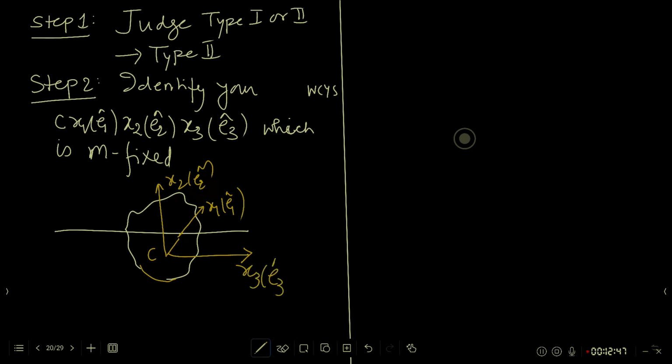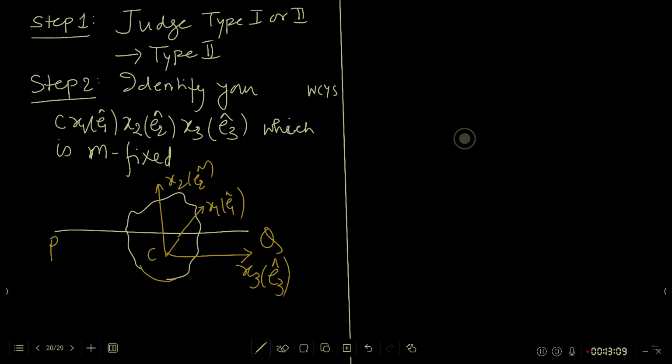This is the coordinate system I choose. P, this is Q. It is body fixed as it should be, that we have discussed earlier. Okay, that's step number 2.